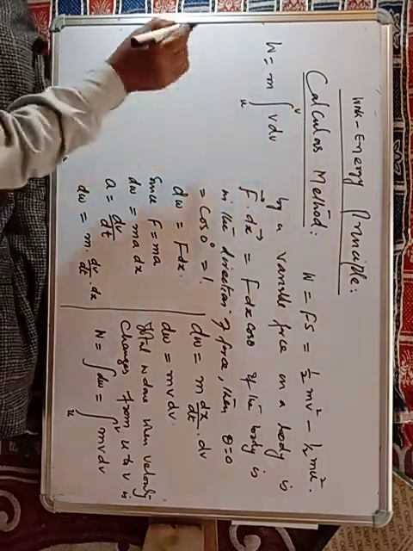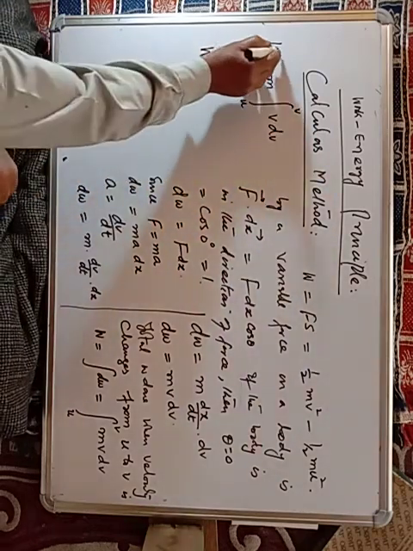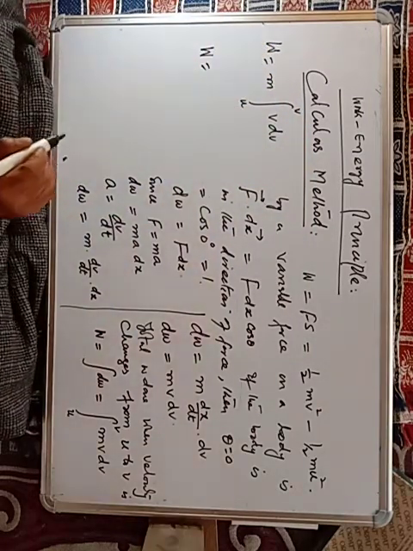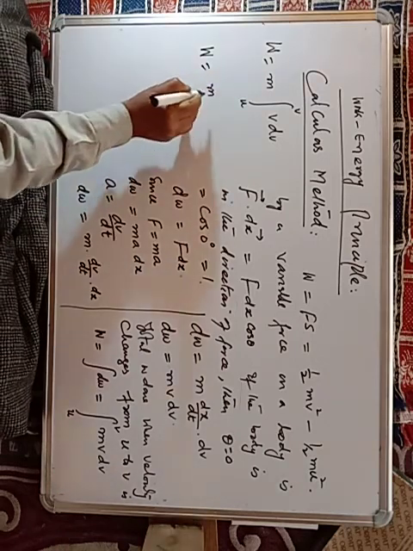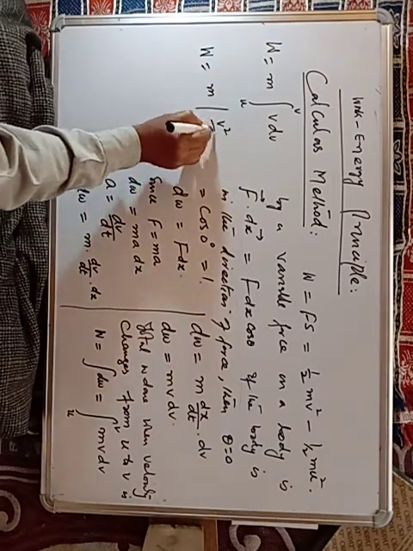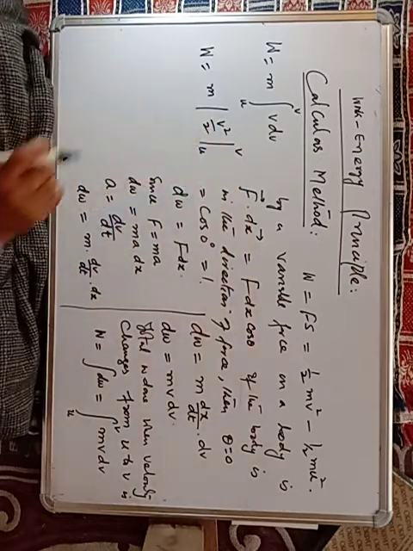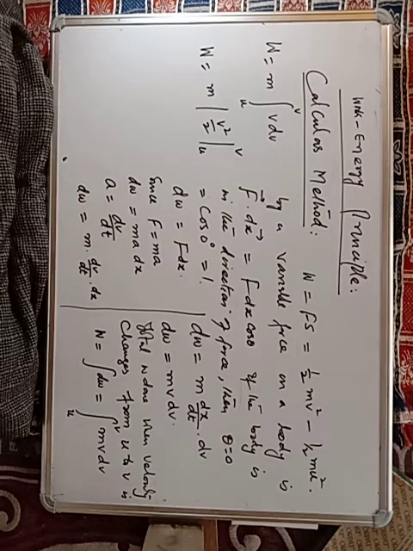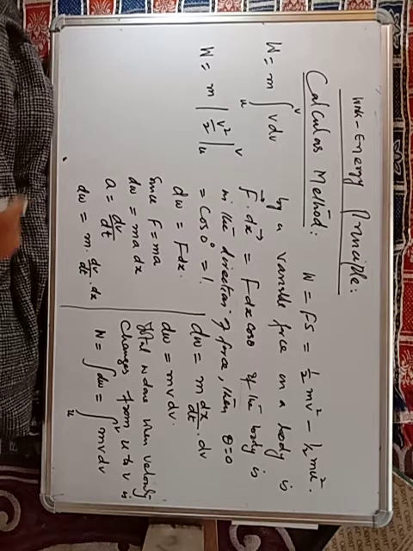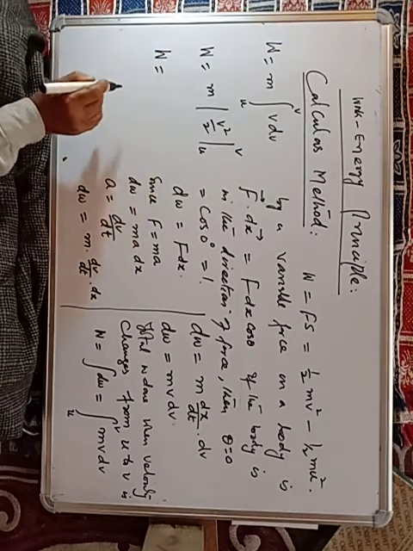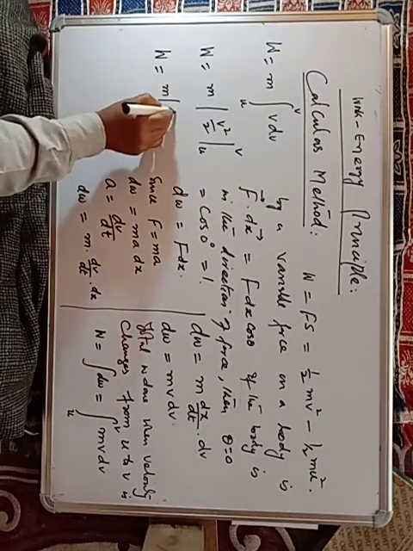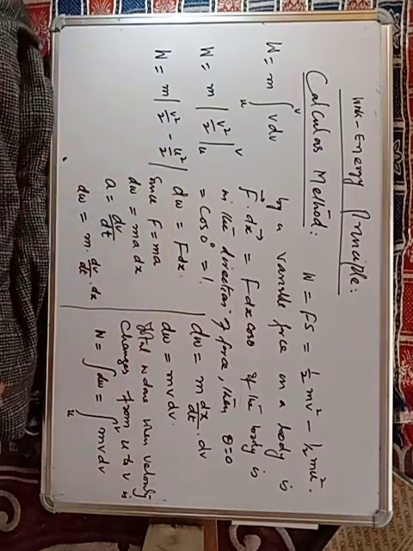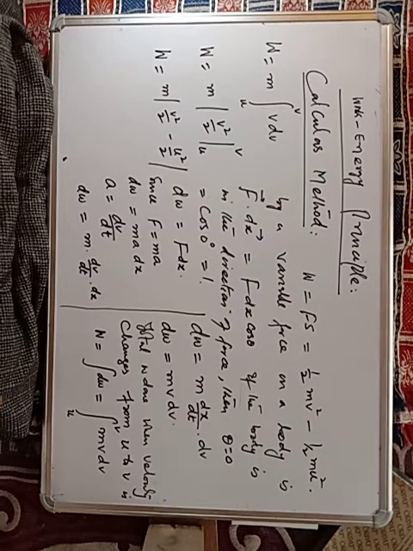So W is equal to m into v square divided by 2 from u to v, right? Because integration of v is v square divided by 2. So W is equal to m into v square by 2 minus u square divided by 2, using the upper and lower limits.